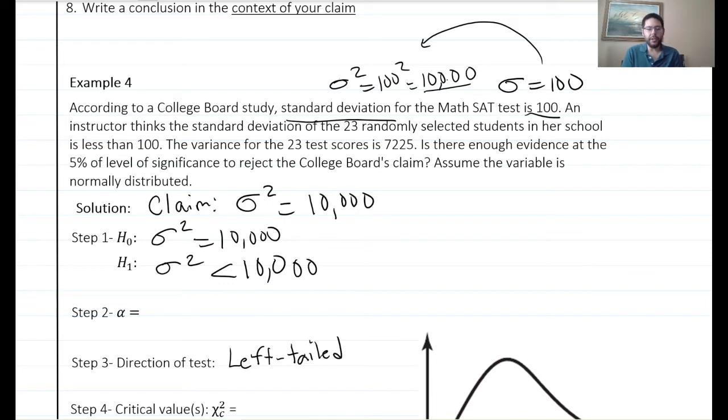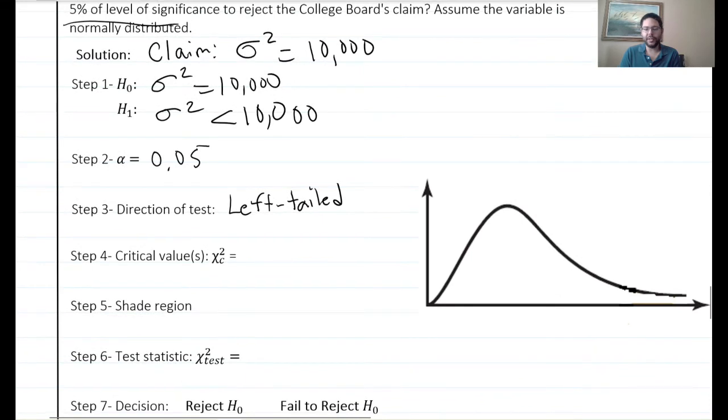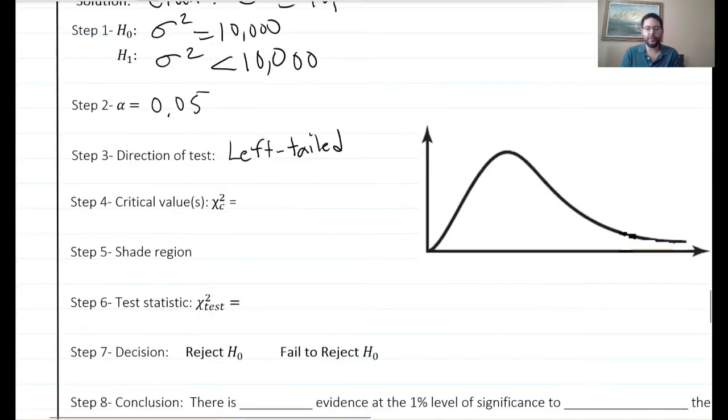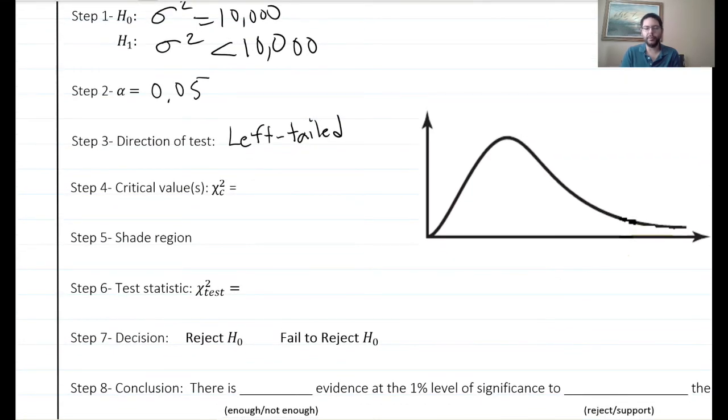The alpha is given in the problem, a 5% level of significance, so 0.05. So we have everything we need here. I went ahead and provided you with the chi-square curve. Notice that when you draw it, it's skewed to the right. Since it is a left-tailed test, we're interested in a critical value there, and I'll shade the area to the left.